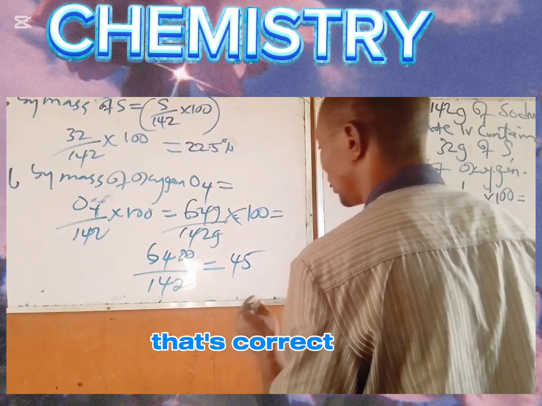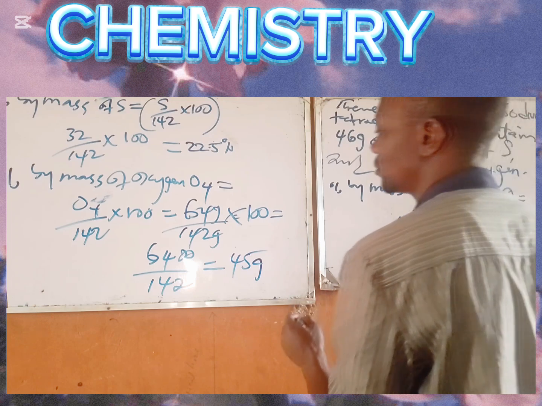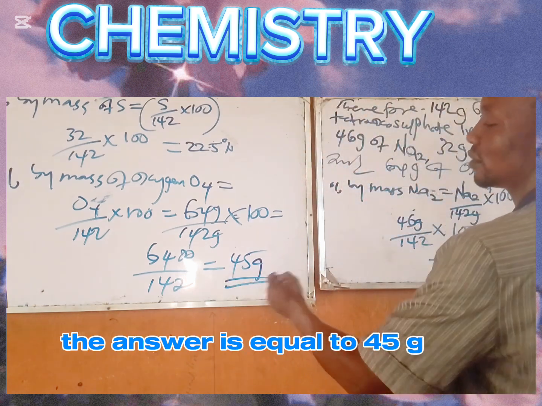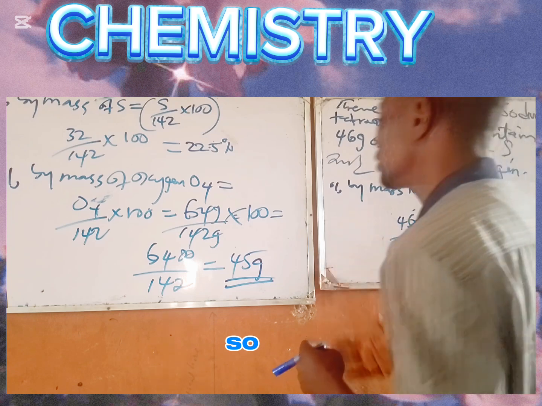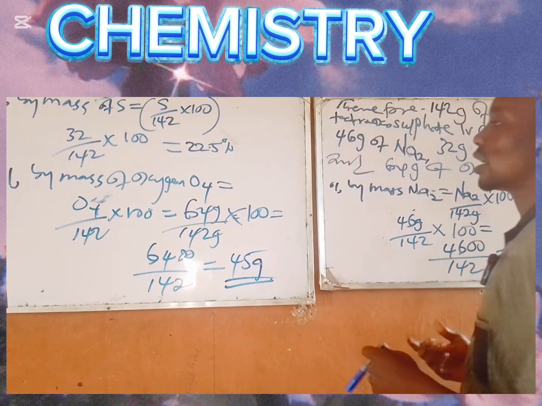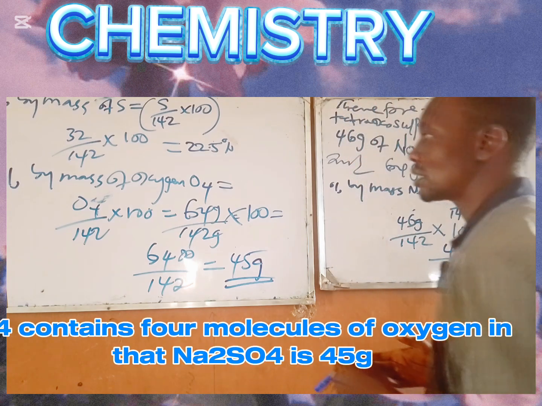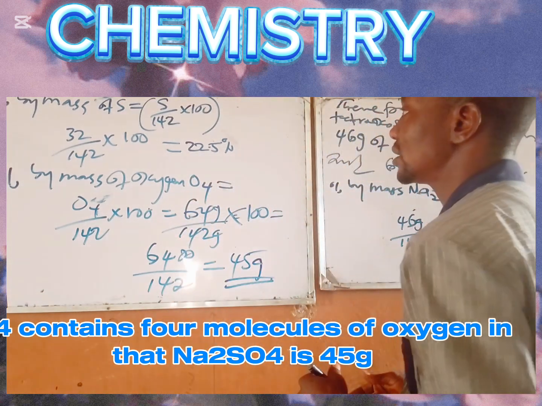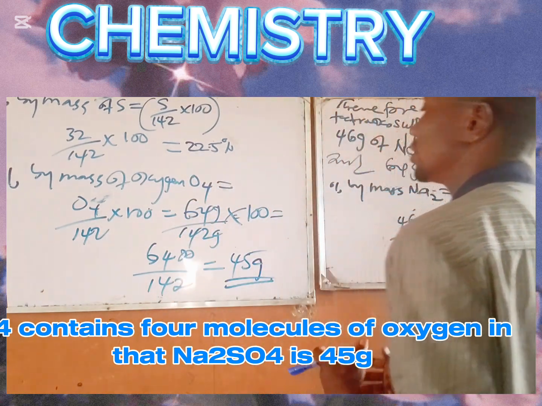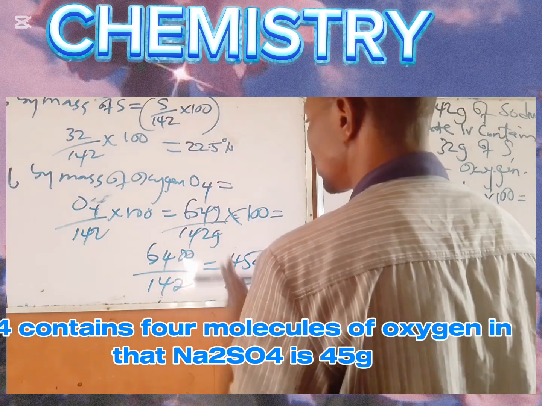That's correct. The answer is equal to 45. So the 4 molecules of oxygen in that Na2SO4 is 45 percent.